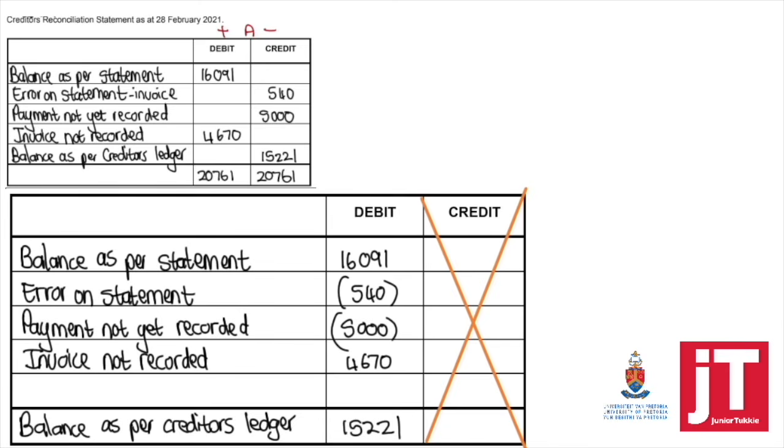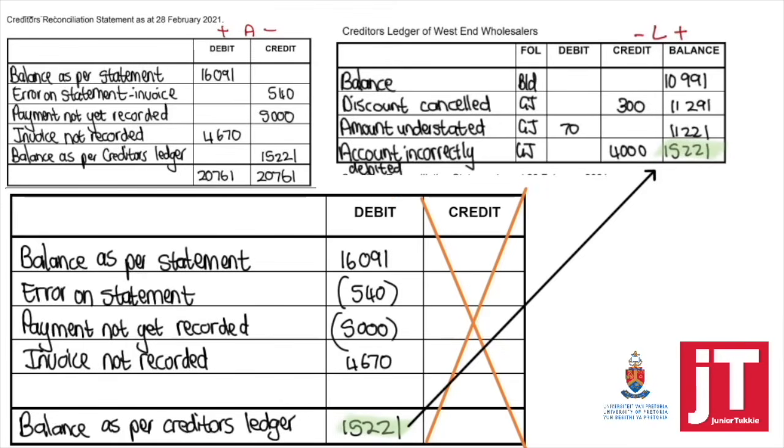And then also have a look at the difference. In the one column method, the balance as per creditors ledger, that should be the total at the end. And then you need to compare that with the amount in the creditors ledger. If that balance is the same, it means that you have done it 100% correctly.